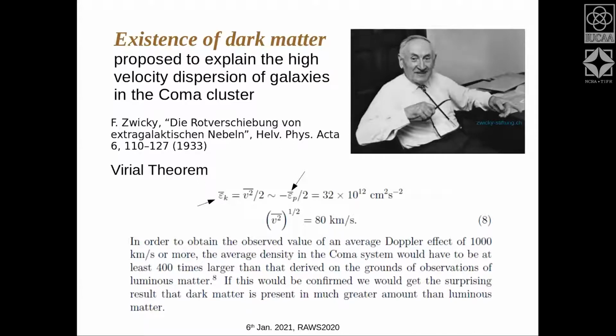Now, if that sort of mass were to gravitationally bind galaxies moving at such high speeds, that led to a contradiction, and that is where the proposition came that there must be additional mass that we are not able to detect in terms of the light that is emitted from these galaxies. So the existence of dark matter was actually implied by the measurements of the galaxies of the Coma cluster system.